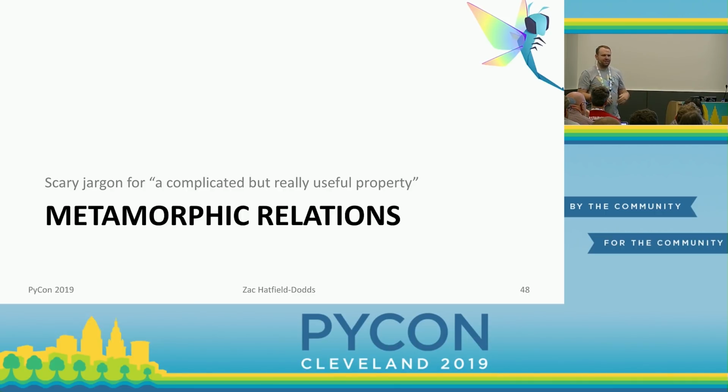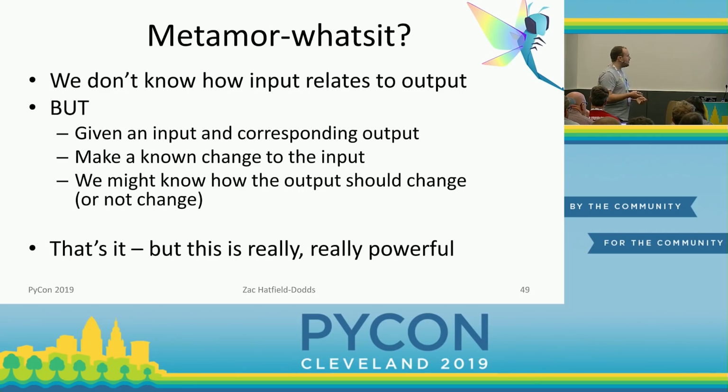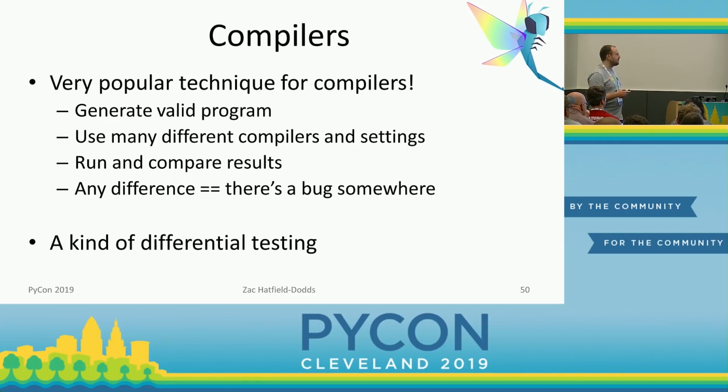Or if you add a larger number, you know that the mean should increase, even if you don't know what the mean should be after that. That's it. It's really not as complicated as the phrase metamorphic relations makes it sound, but it is super useful in practice.